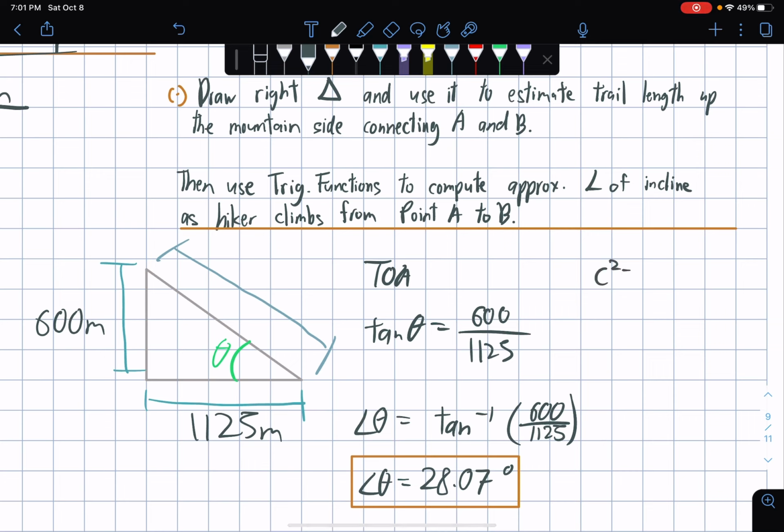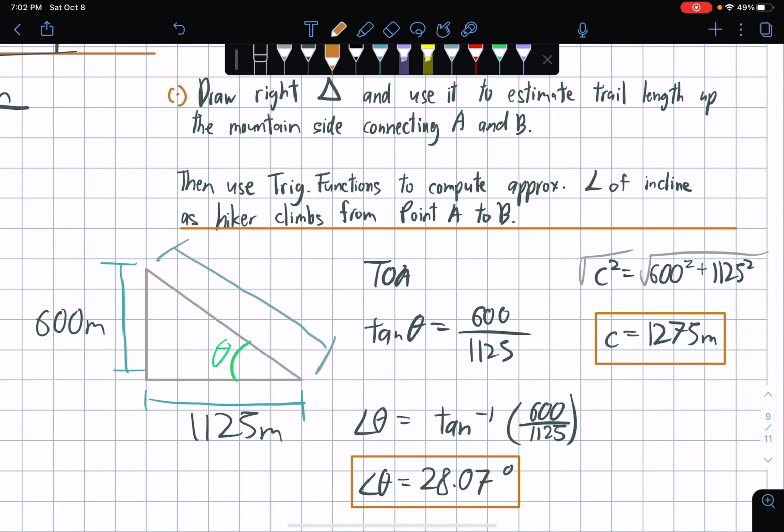For the hypotenuse, we write something like this. So in the calculator, it's 600 raised to 2 plus 1125 raised to 2. We get 1,275 meters.